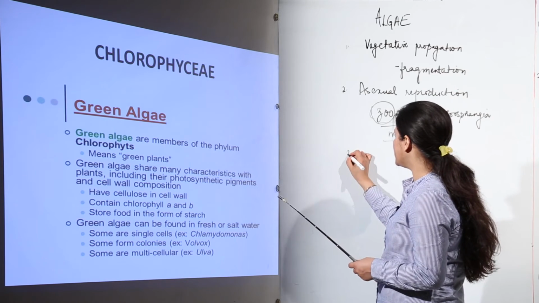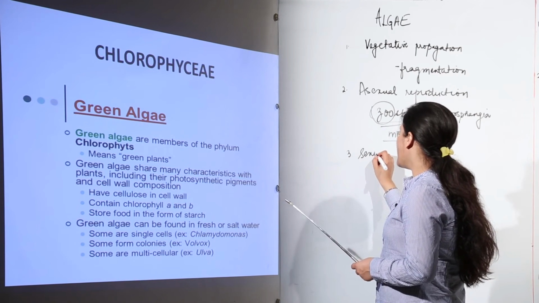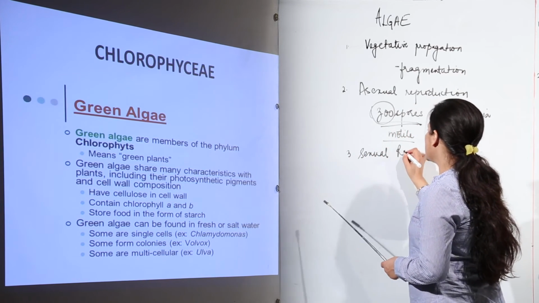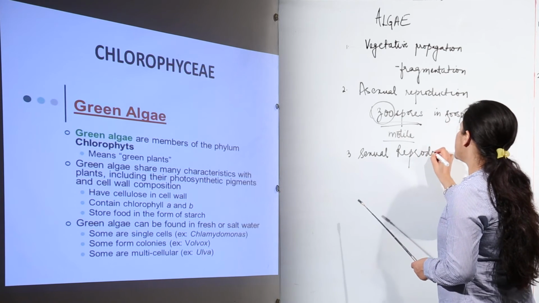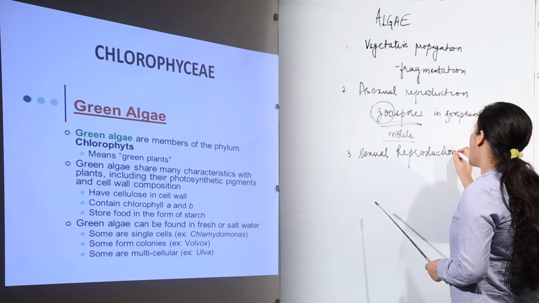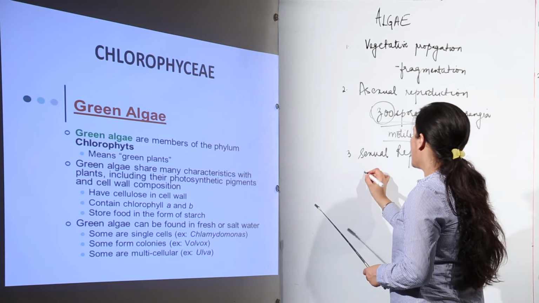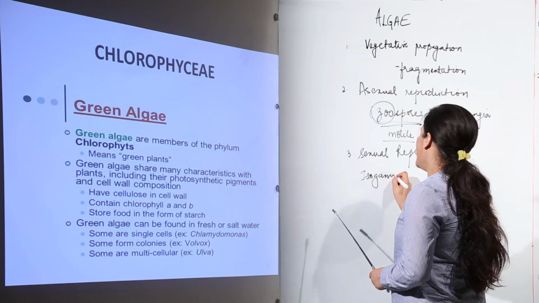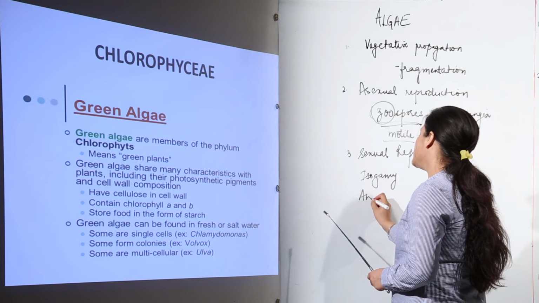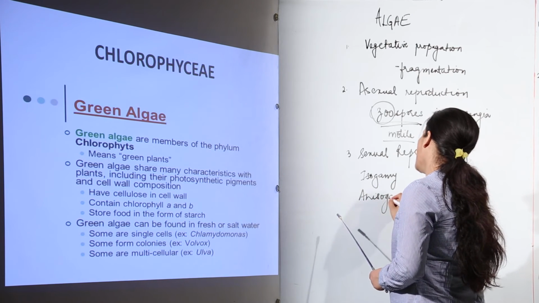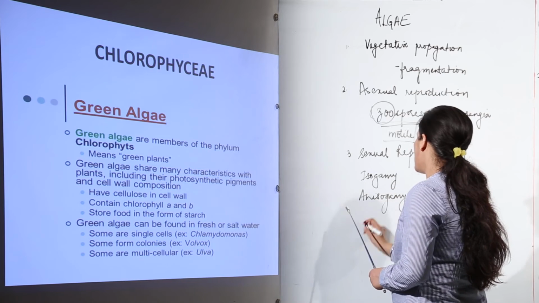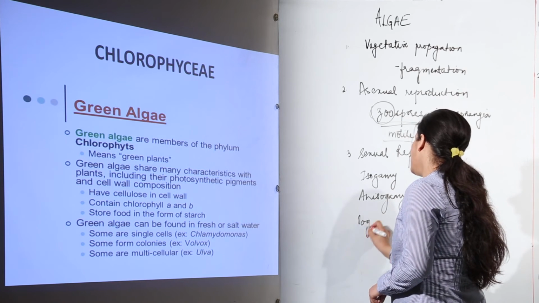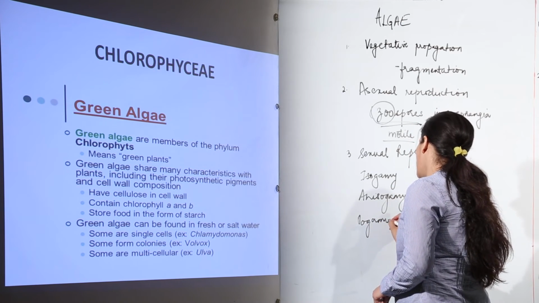Coming to the third one, what about sexual reproduction? In sexual reproduction, we have isogamy as seen in the case of Spirogyra, anisogamy as seen in the case of Volvox, and oogamy as seen in the case of Chara.